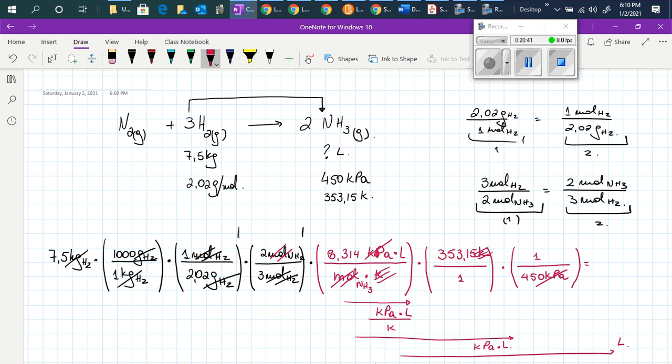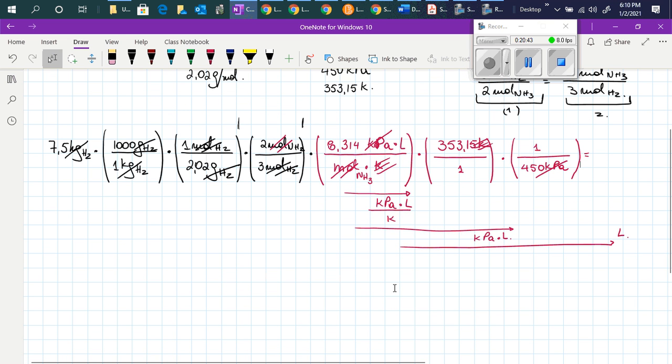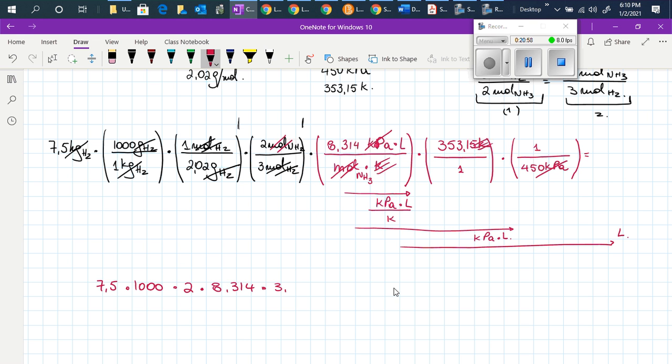So in terms of the numbers, what you have is 7.5 times 1,000 times 1, which we don't write, times 2, times 8.314 times 353.15 times 1, which we don't write again.